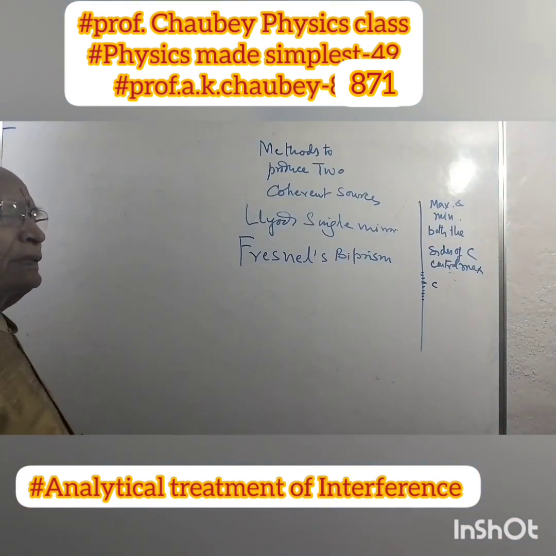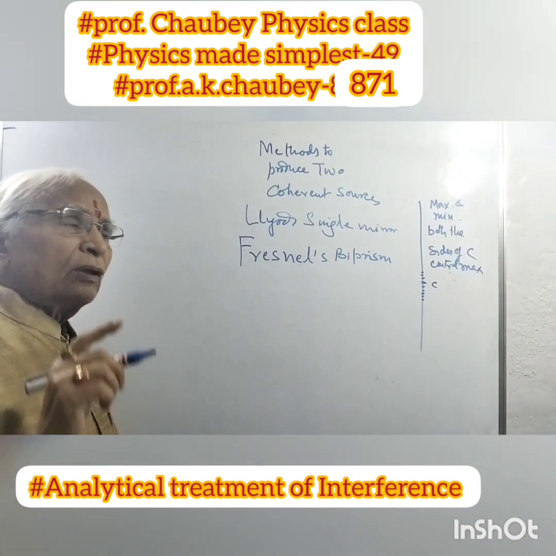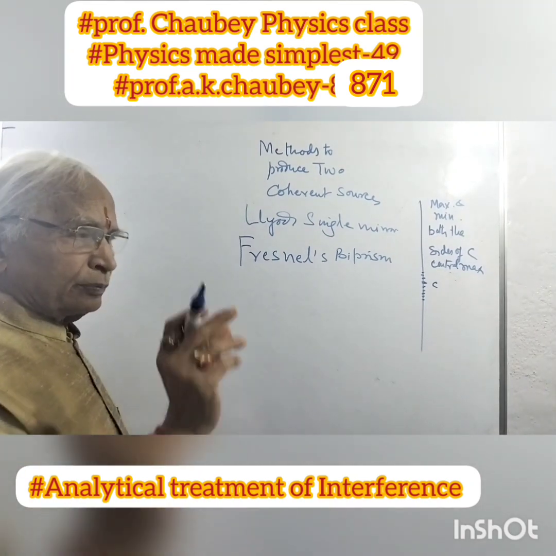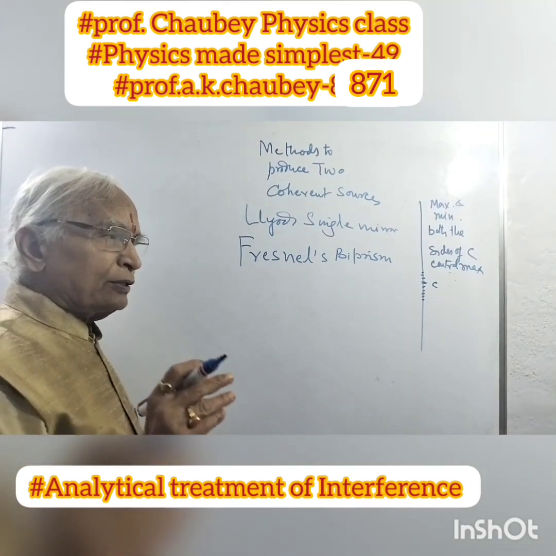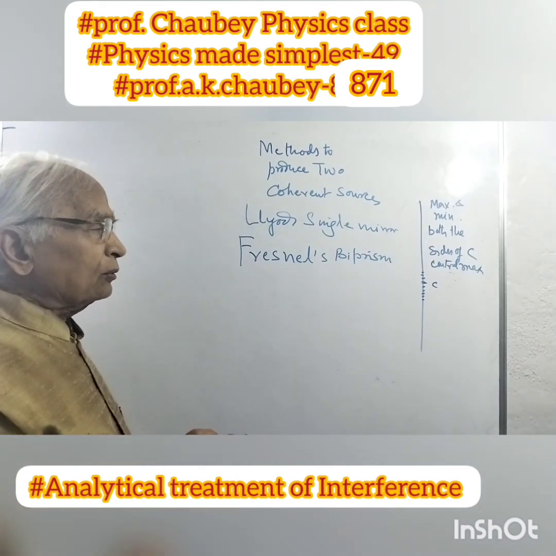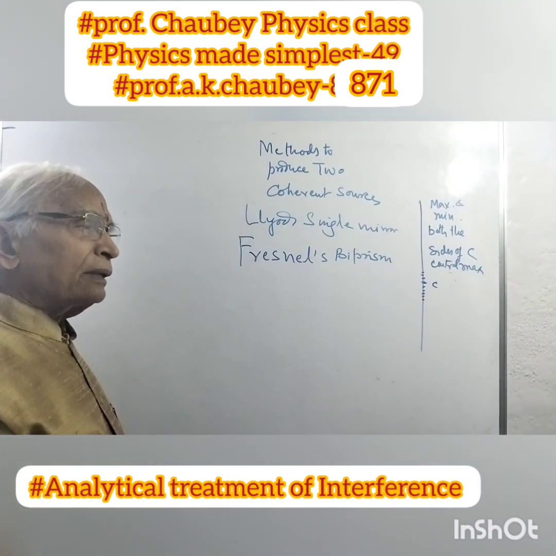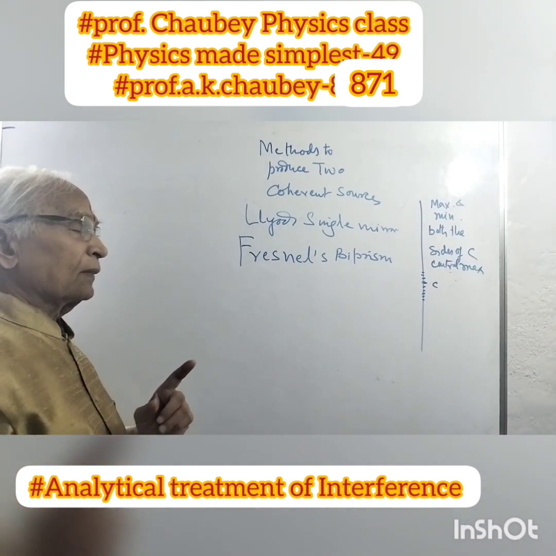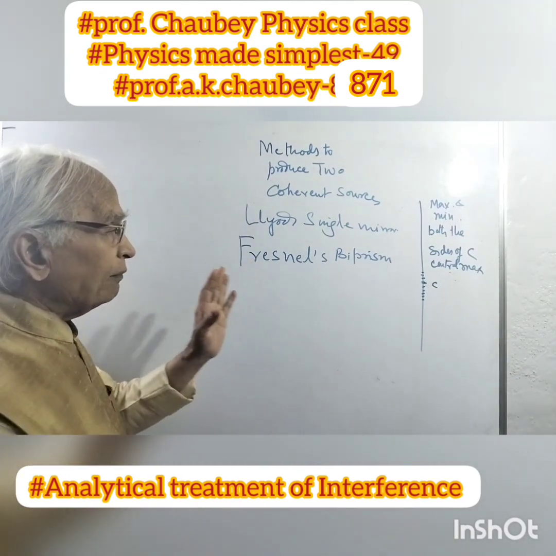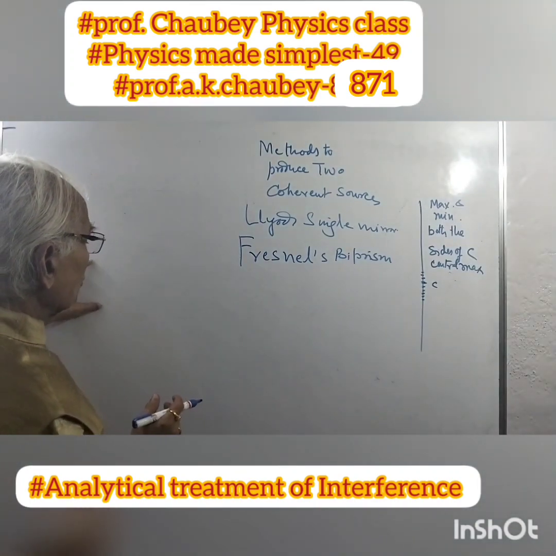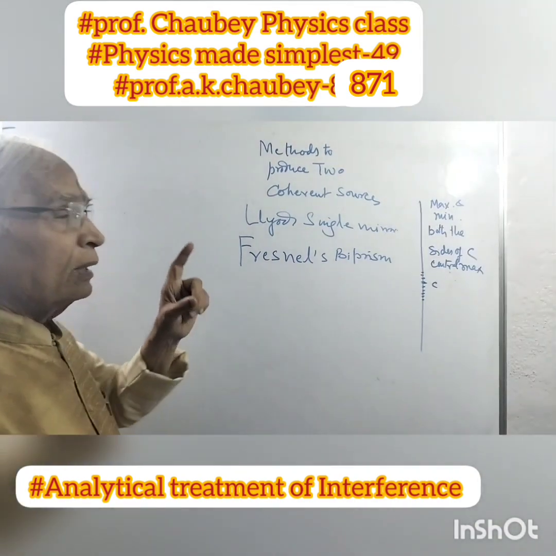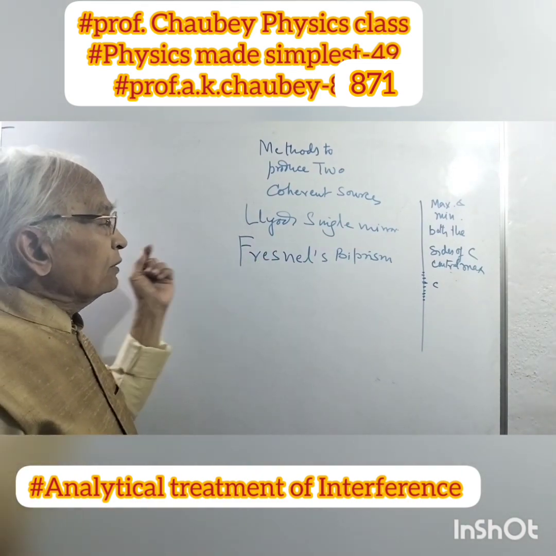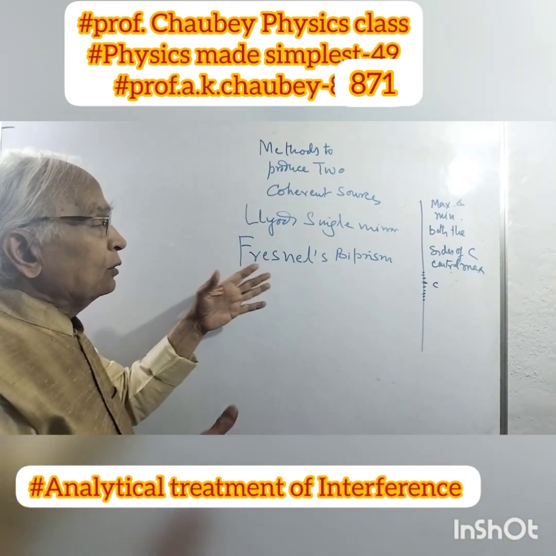The Fresnel biprism is a method to produce two coherent sources using two very thin, small prisms joined base to base. I am not going to discuss those methods in detail, which get two coherent sources from one source. Basically, what we want is two coherent sources of monochromatic light from one source. So that is using one source and then Fresnel's biprism.